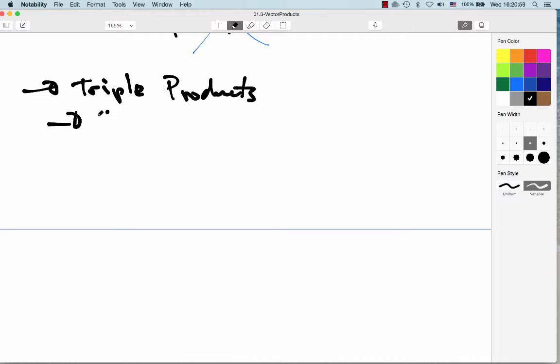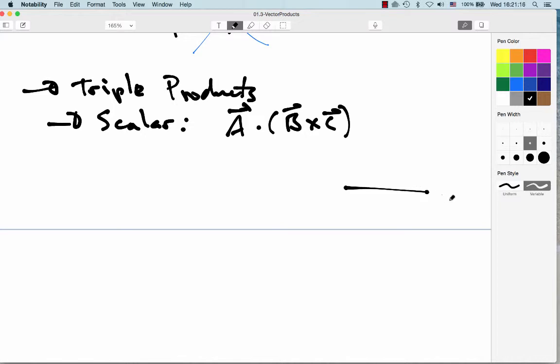There's the scalar triple product, and that is A dotted into B cross C. So the way you can interpret this is if that's B and that's C, we know that B cross C will point straight up, perpendicular to both of them.